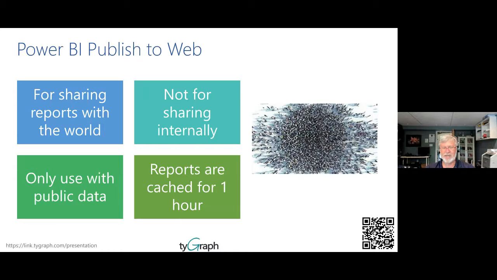And I can't stress this enough, it's not for sharing reports internally. It's only for use with sharing externally to your company. In fact, the license for Power BI prohibits you from using Publish to Web to share internally. So accepting the fact that it's a license requirement, it's generally a really bad idea to share reports externally or anonymously. Why? Because anybody can get access to that report.